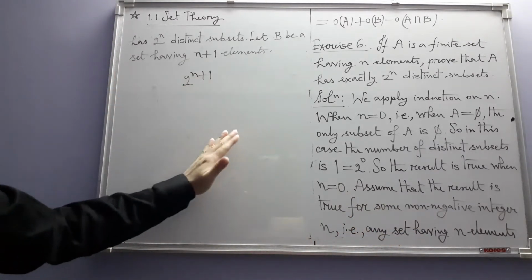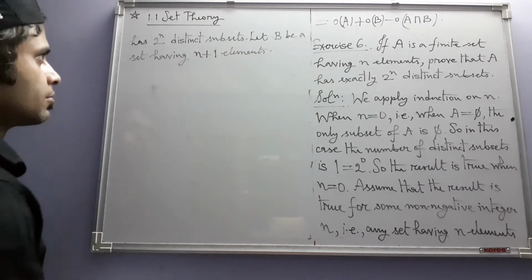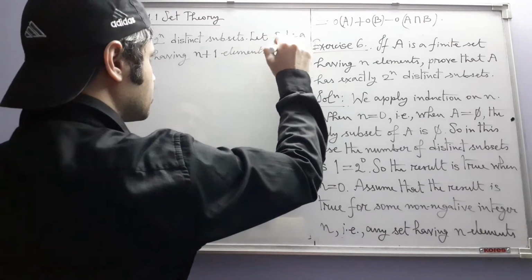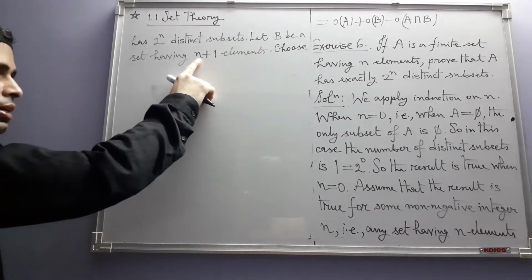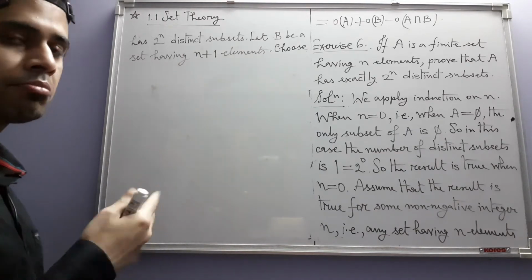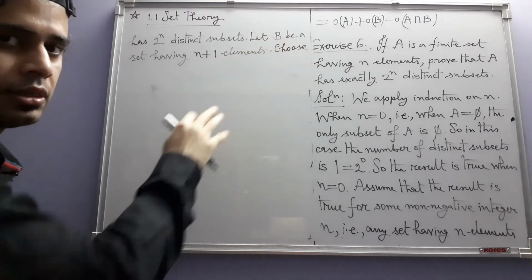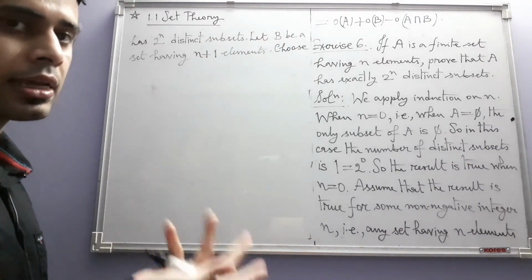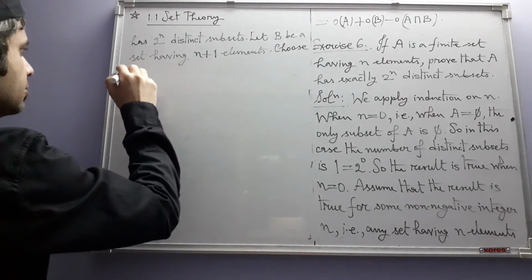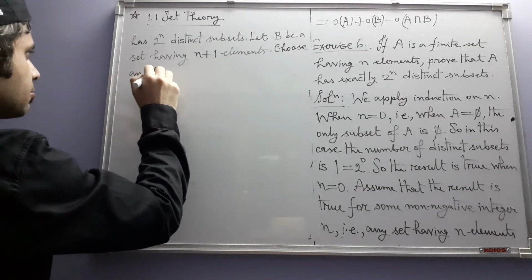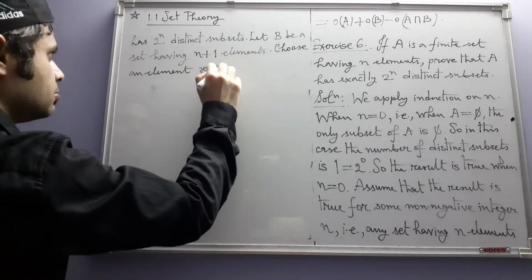Now we have to carry out the induction step and prove this. Note that even when n is 0, n plus 1 is a positive integer. So that means the set B we have chosen here is non-empty. It has at least some element. So we can choose one element. Choose an element x belonging to B.